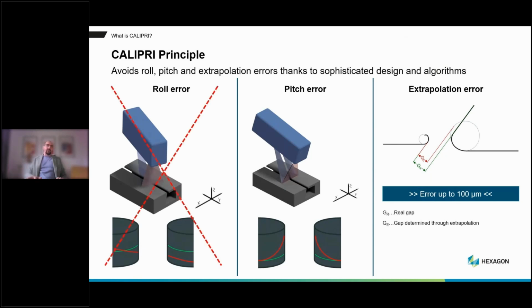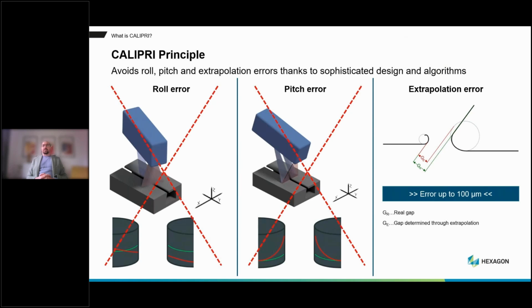We correct that already. Pitch error. If a sensor of a traditional laser light section sensor isn't perfectly perpendicular to the surface, we would create a pitch error. In our case, our reference line would spread from our measurement line. We can correct that. No worries about that.